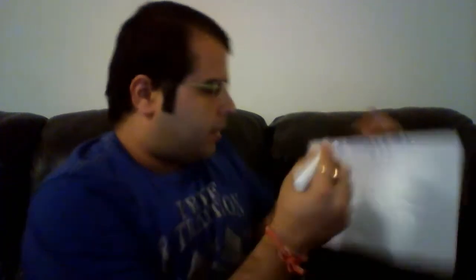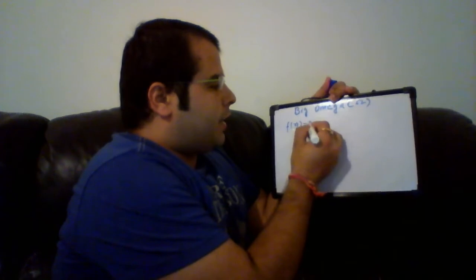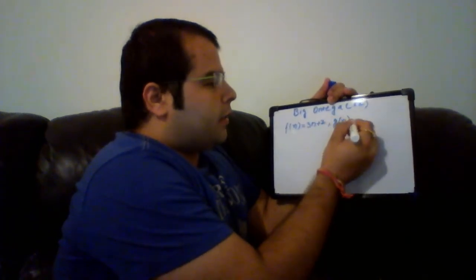Now let us see an example where we can find the values for the lower bound in terms of big omega. Suppose f of n is equal to 3n plus 2, and g of n to be n.